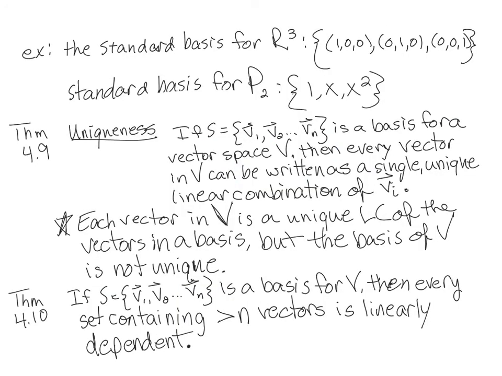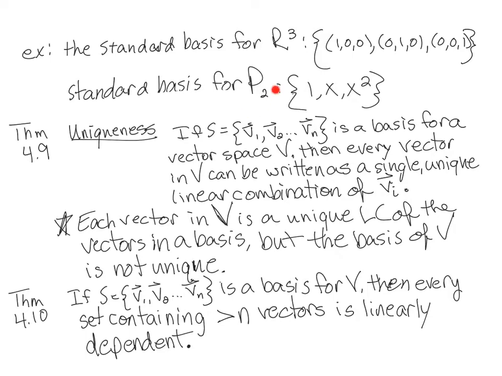Some examples of standard bases for three-dimensional space, all of the points x, y, z: your standard basis is going to be a 1 in the x space with zeros, a 1 in the y space with zeros, and a 1 in the z space. Do you see what I mean by being the easiest to find and the most recognizable?